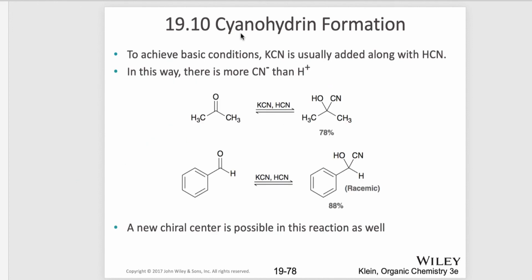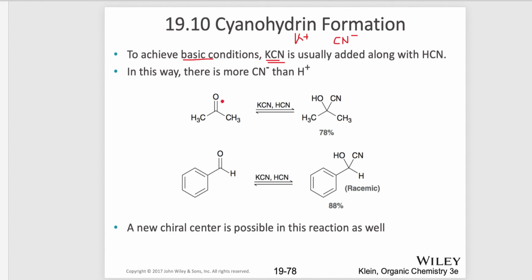So, looking at the cyanohydrin formation, basic conditions, we actually use KCN. KCN is a delivery method for introducing the key ingredient, which is CN minus, right? So this dissociates to CN minus. It's akin to the structure I had shown before. The nucleophilic portion is on the carbon with the free electron pair.